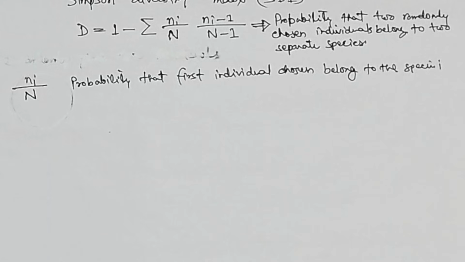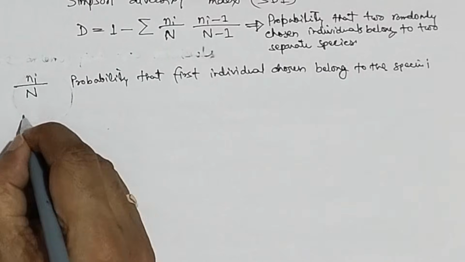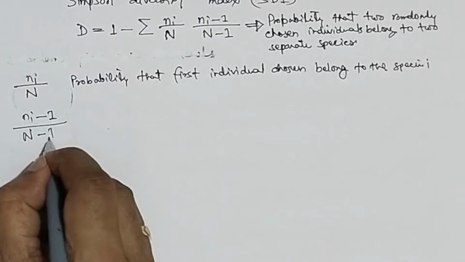And when we choose the next one randomly, the probability that the second individual chosen belongs to the same species is (ni minus 1) divided by (N minus 1).